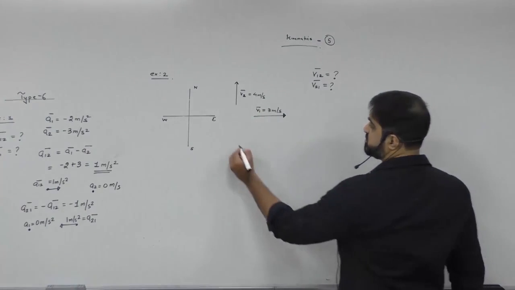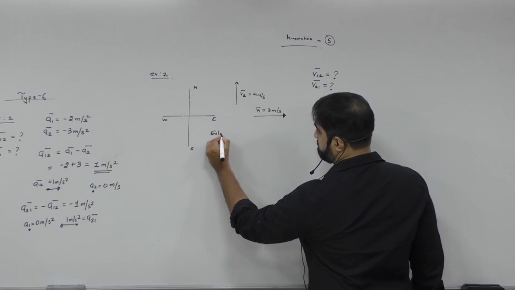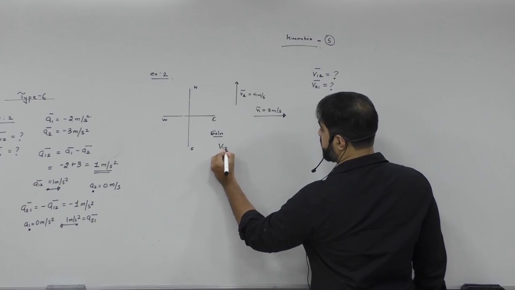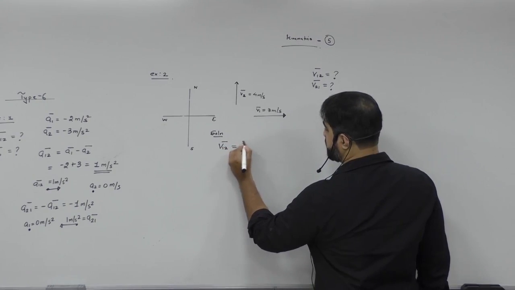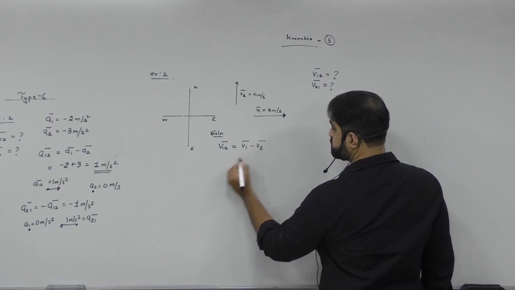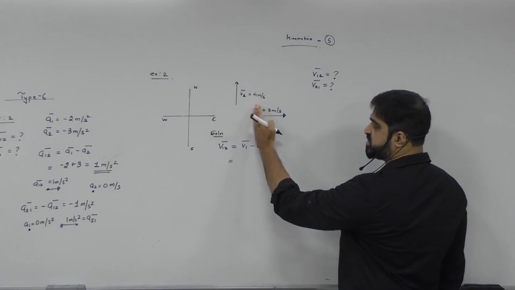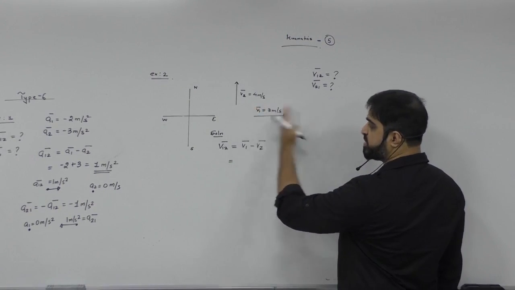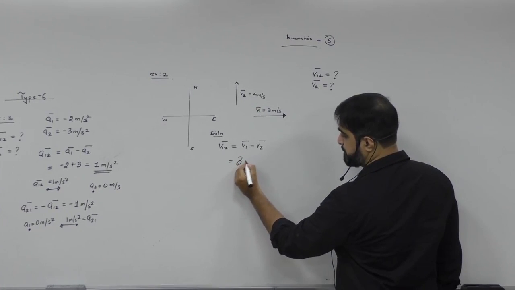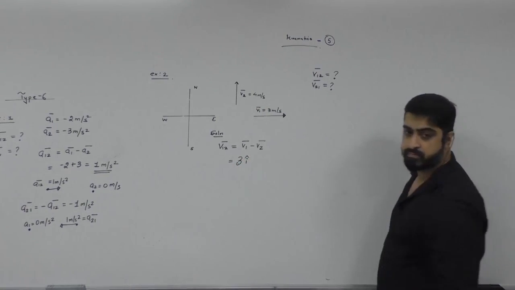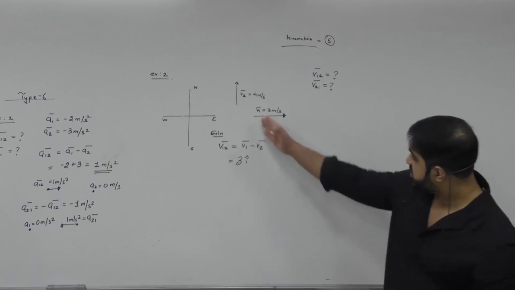Now we need the solution. Pay attention. Can I say V12 bar will be V1 bar minus V2 bar? Bacha, V1 bar is 3. Can I call this I cap? X-axis is I cap.